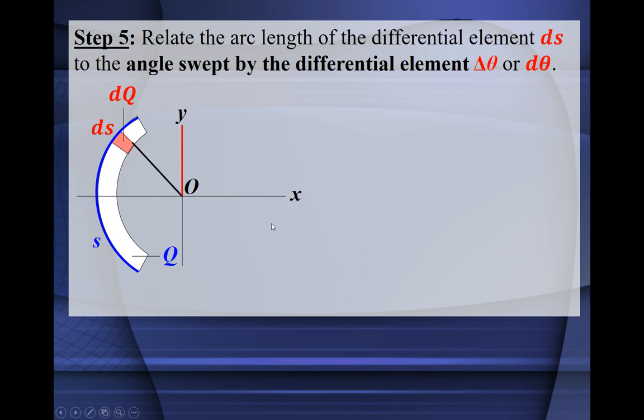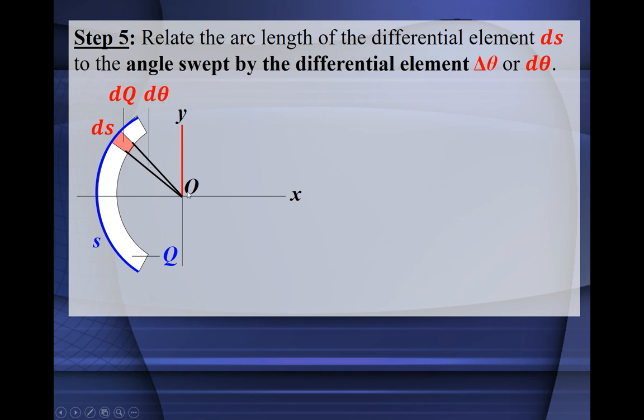Okay, now I'm going to draw a line that starts from the origin and goes to where the beginning of that differential arc length section is. Then, moving in a counterclockwise direction, this position here would be where the differential arc length starts, and if we go counterclockwise, this is where it ends.